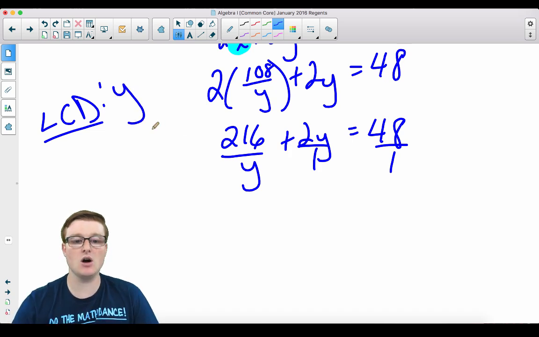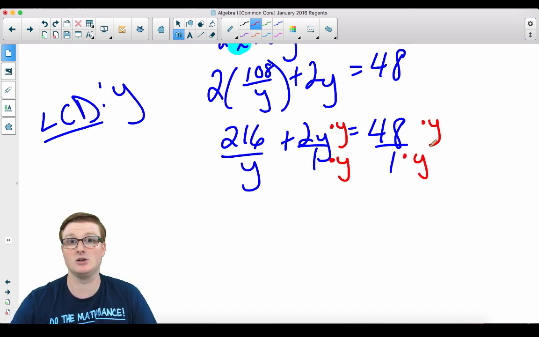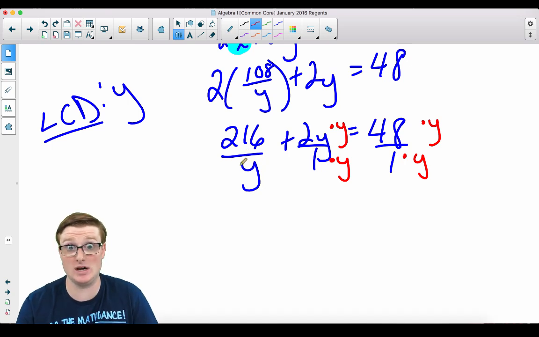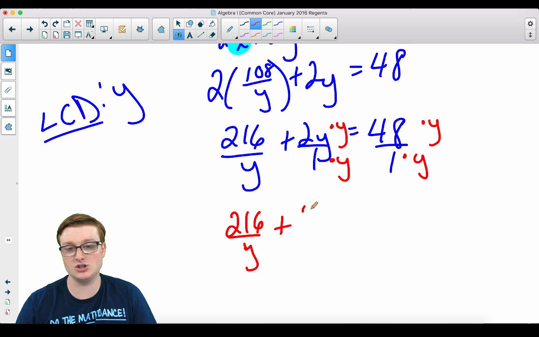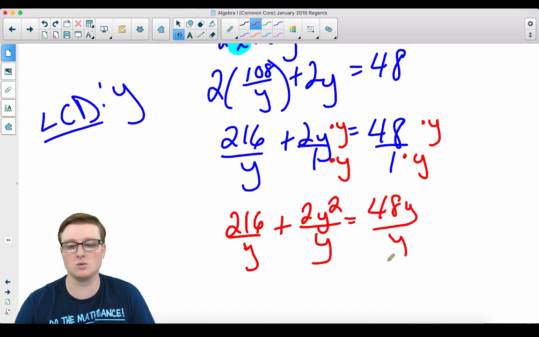So the LCD of all of these is y. Now you need to multiply the top and the bottom by y, because you need to multiply by what you need. You don't need to be multiplying this by y because it already has a y. So now we get 216 over y plus 2y squared over y is equal to 48y over y.